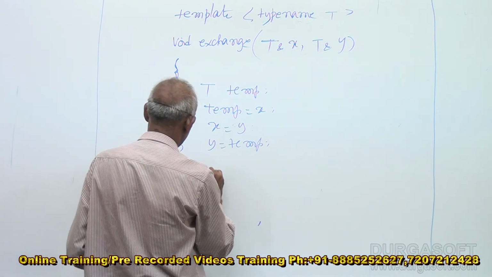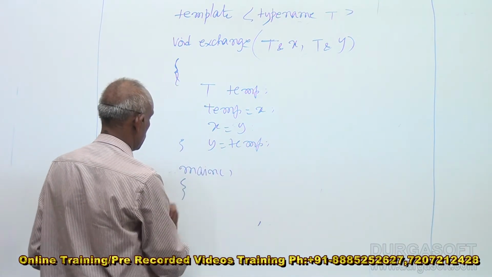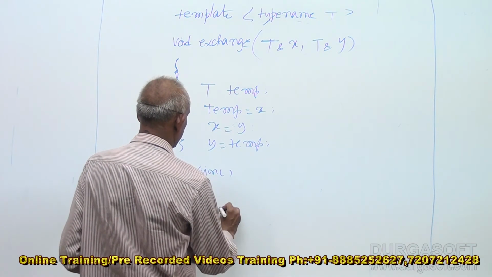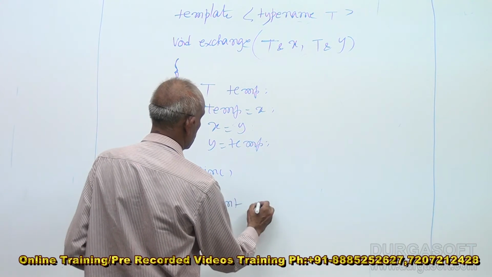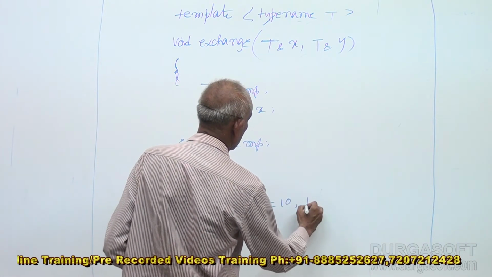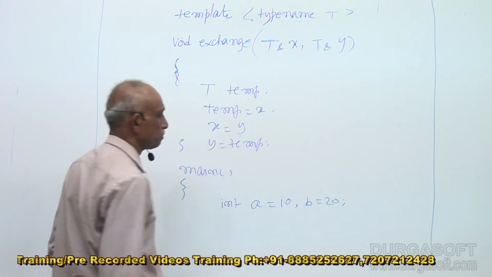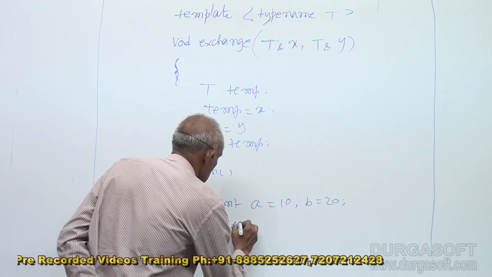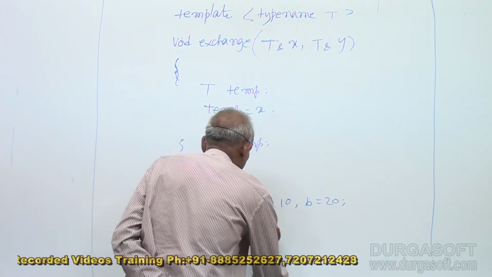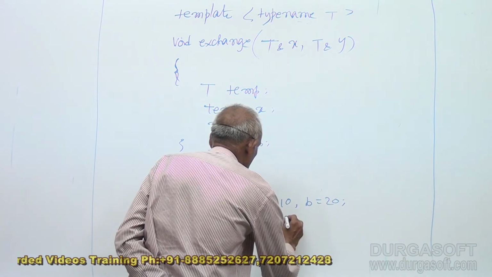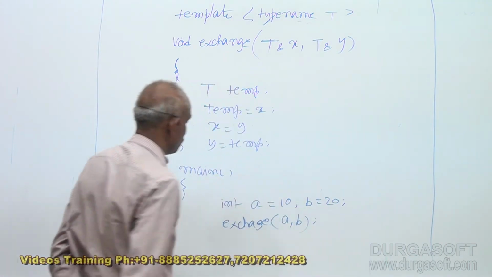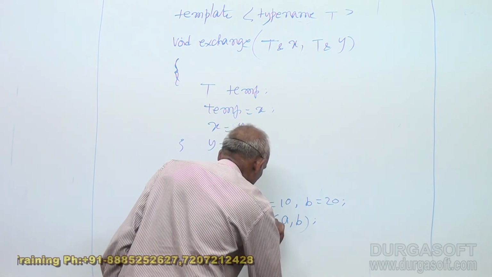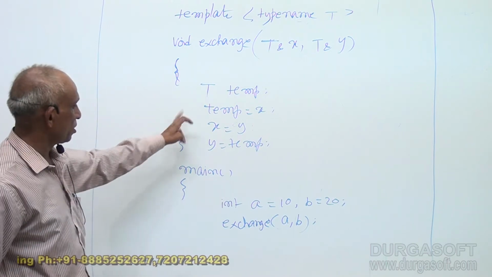Main. Call this function. Let us have integer a is equal to 10, b is equal to 20. exchange(a, b). Those two values are exchanged by this function.